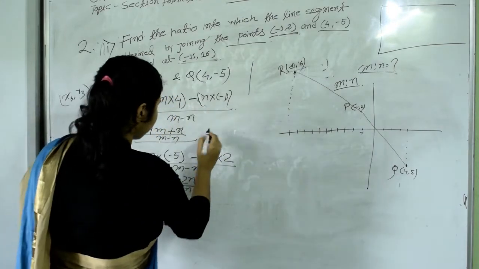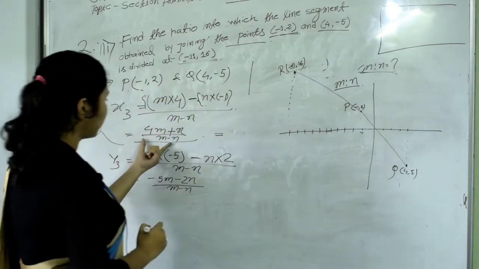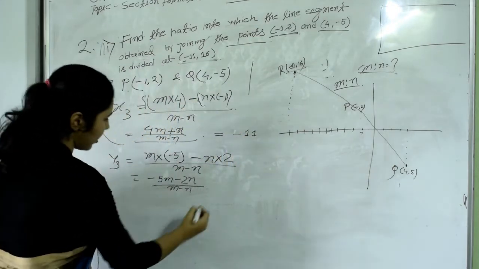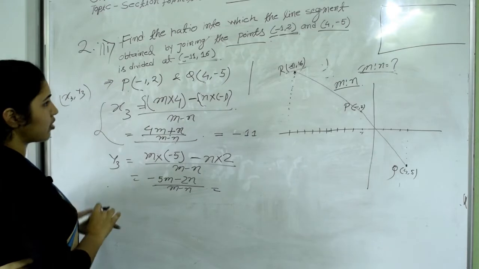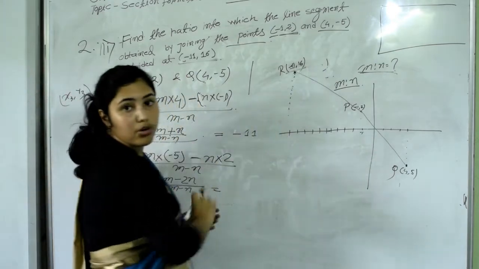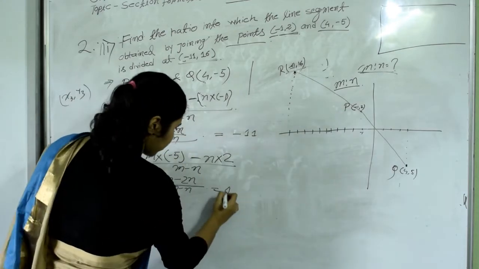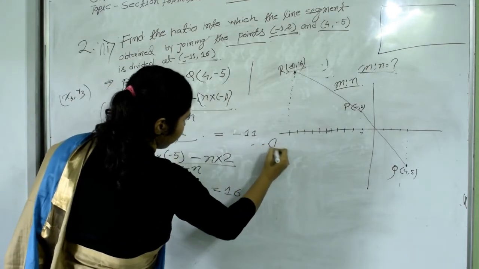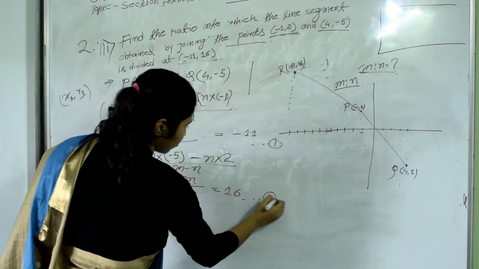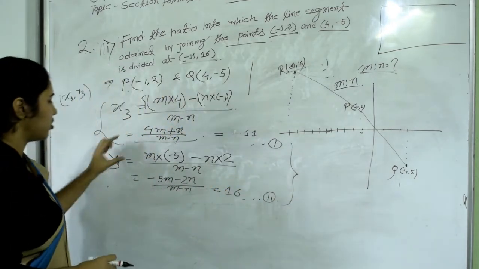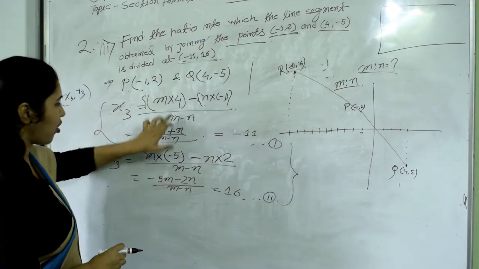So now equate x3 equals -11, and equate y3 equals 16. Why? Because the ordinate of the point R is 16. Suppose this is equation 1 and this is equation 2. Now from equations 1 and 2, solve and find the values of m and n.